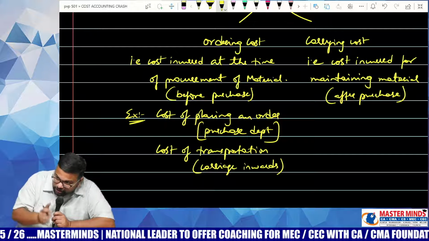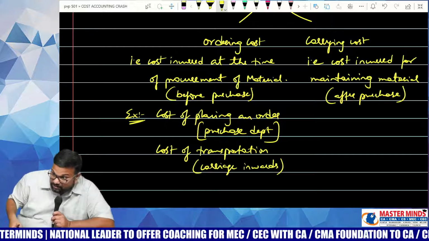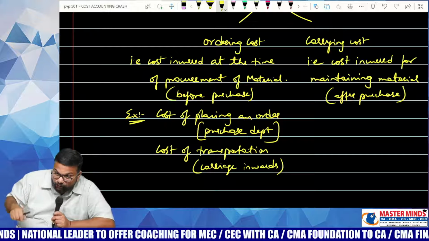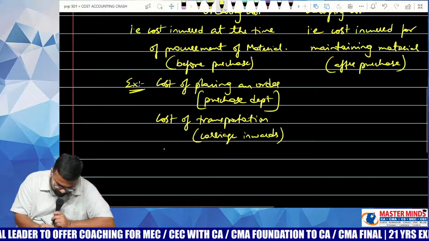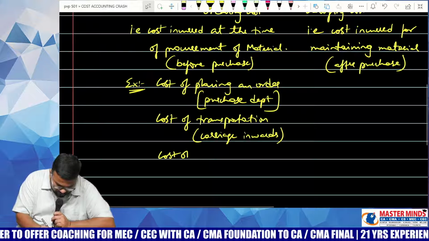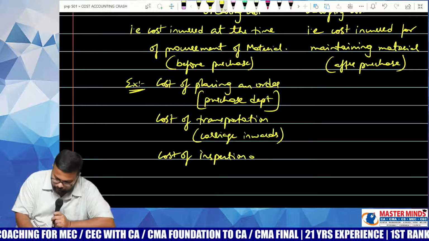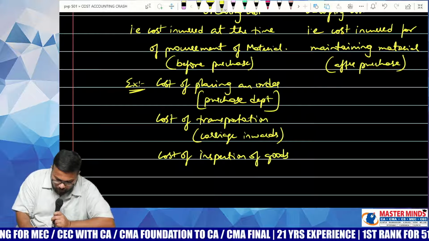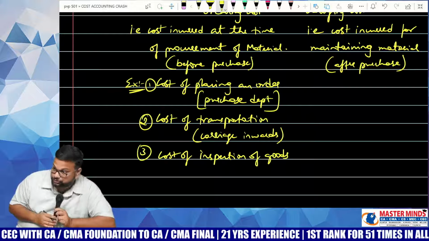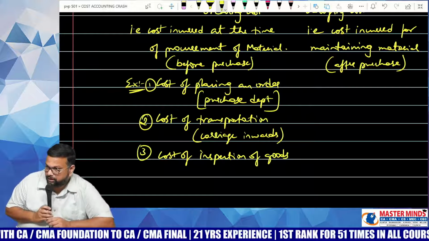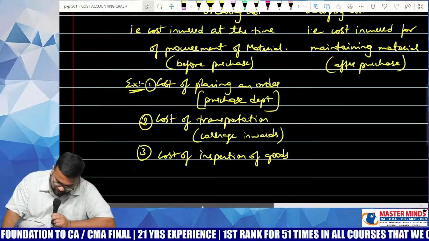Carrying cost means whatever cost is incurred for maintaining the material. Next example, cost of inspection of goods. All these are examples of ordering cost. Am I clear? Now coming back to carrying cost.